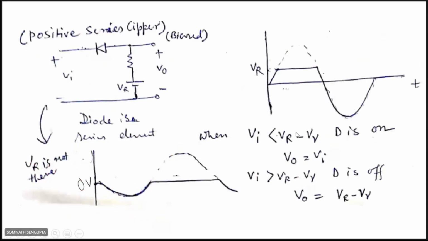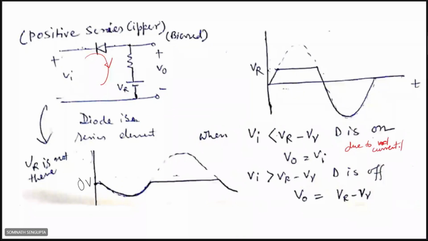Then another condition is the positive series clipper. Here the positive portion is erased, so that's why it is called the positive portion series clipper. In that case, when the input voltage Vi is less than Vr minus V gamma, the diode is on, we get the current flow, and V0 is equal to Vi due to the current flow.